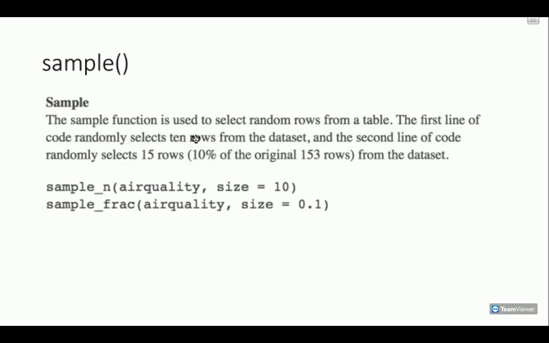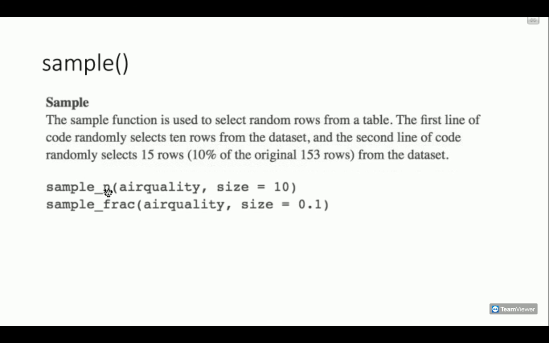So the next is sampling. If you want to randomly select a few rows from a table, the sample function is used. The typical sample, just the sample without any extensions, is available in the normal R, it's not linked to this package, but there are two other functions, which are sample underscore n and sample underscore frac, which are specific to this package.